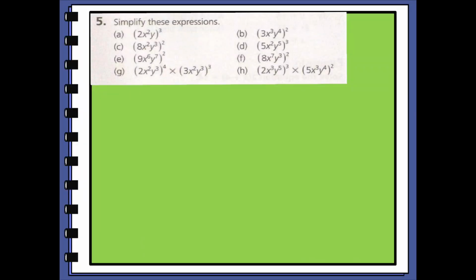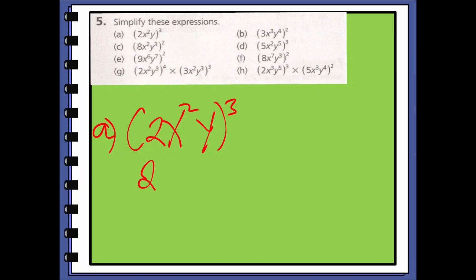Then for number 5, we'll simplify these expressions. For a, we've got open bracket 2x squared y, and a 3 is outside. We know that a bracket means you multiply. So 2x has got a squared, so 2 we multiply times 3. 2 times 3, that's 6.